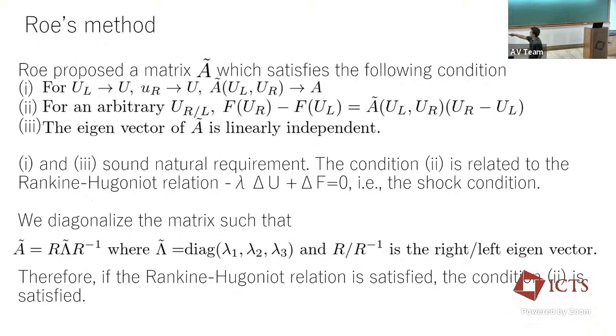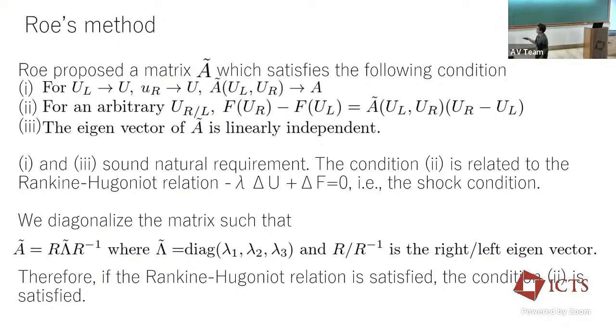The condition 2 is that for arbitrary L and R states, the flux difference FR minus FL is written by A tilde times UR minus UL. The condition 3 is that the eigenvectors of A tilde are linearly independent.